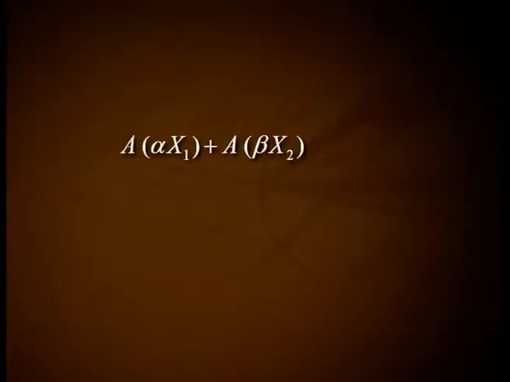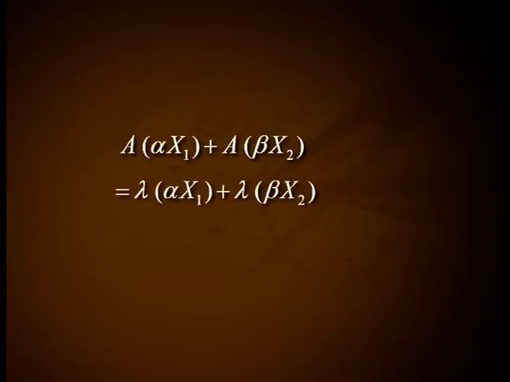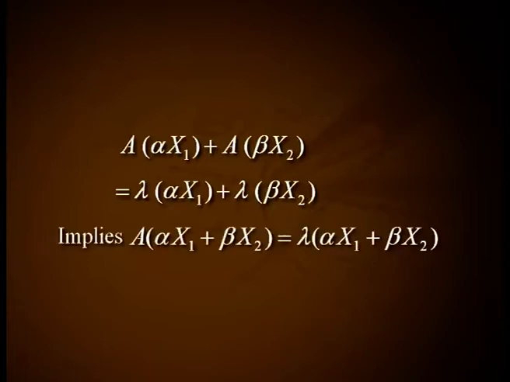Adding equation 3 and equation 4, A into alpha into x1 plus A into beta into x2 equal to lambda into alpha into x1 plus lambda into beta into x2, implies A into alpha x1 plus beta x2 equal to lambda into alpha x1 plus beta x2, implies alpha x1 plus beta x2 is also an eigenvector corresponding to the same eigenvalue lambda.